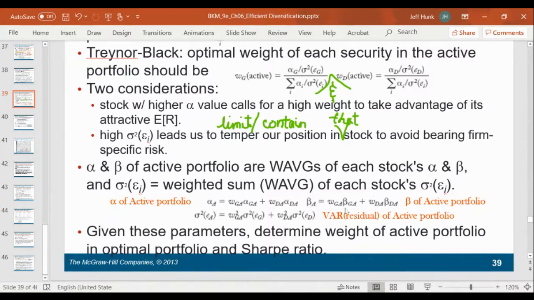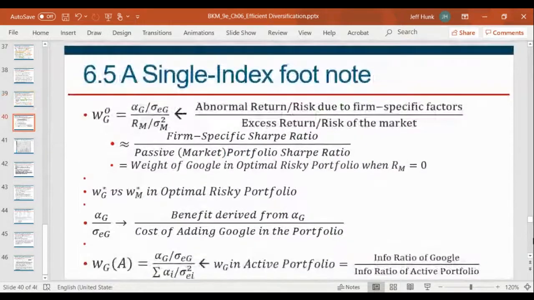The beta of the active portfolio is the weighted average of Google's beta and Dell's beta. And the residual variance of the active portfolio is the weighted average of the individual variances. Then, given these parameters, we need to determine the weight of the active portfolio in the optimal portfolio and the Sharpe ratio.